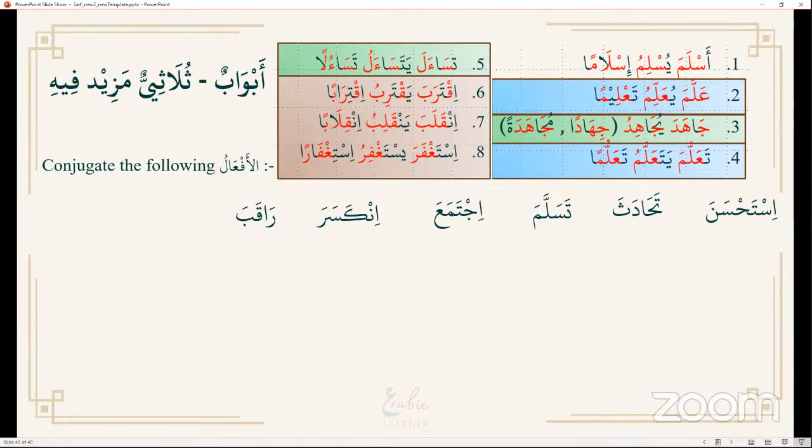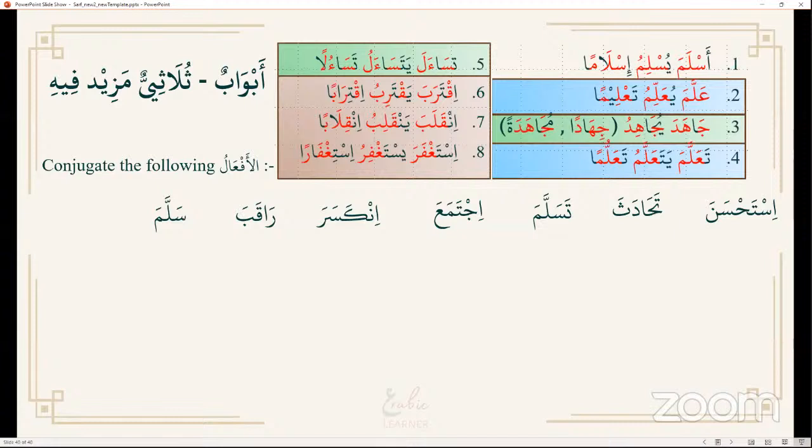Yes, Jahada family. Raqaba, then mudare, yuraqibu. Good. And you can take the first form, or you take the second form. Mujahadatan, muraqabatan. Okay, muraqabatan.